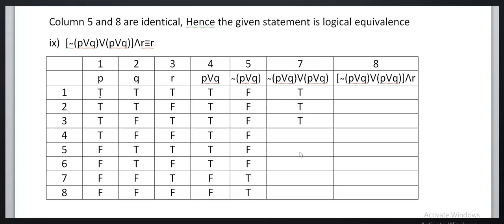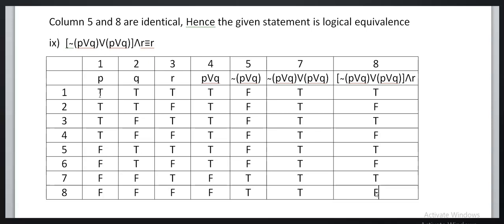Now here is T, T, up to the last is T. Now it is AND with R. Therefore T, T is T. F, T and F is again T, T is T. F, T is F. T, T is T. F, T is F. F and T is F. TT is T, FT is again F.